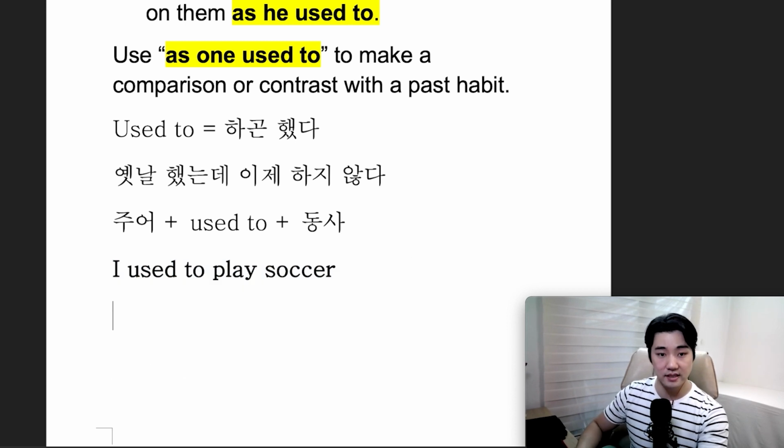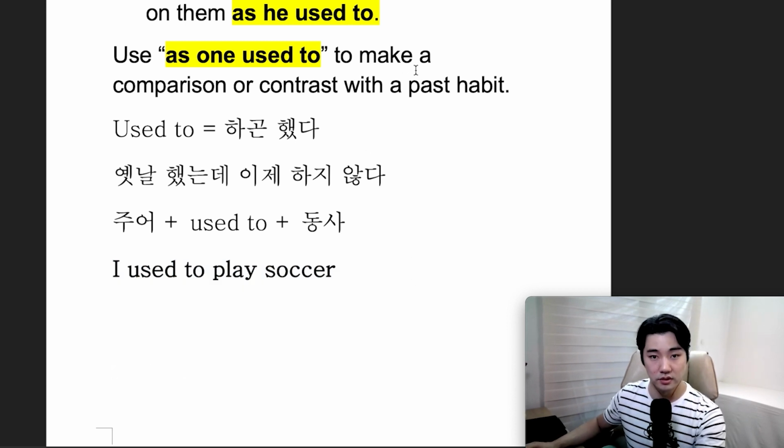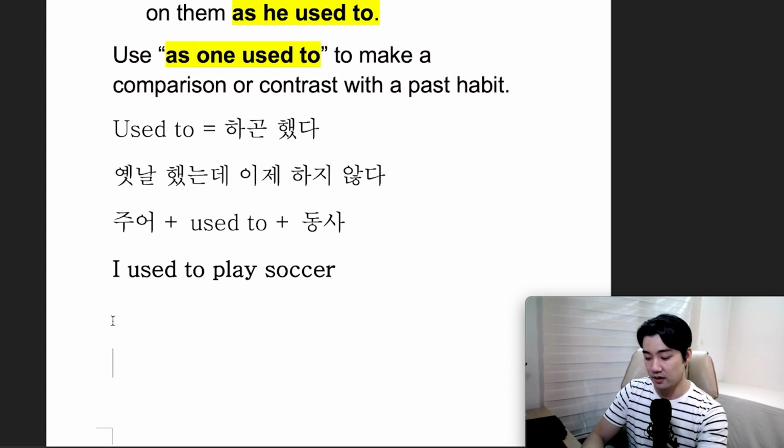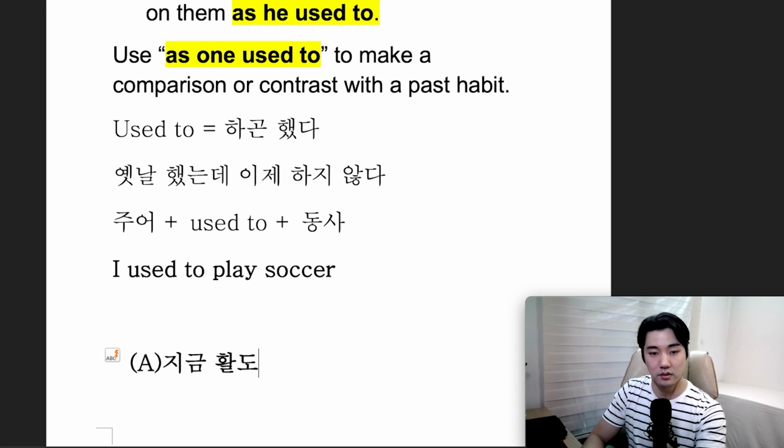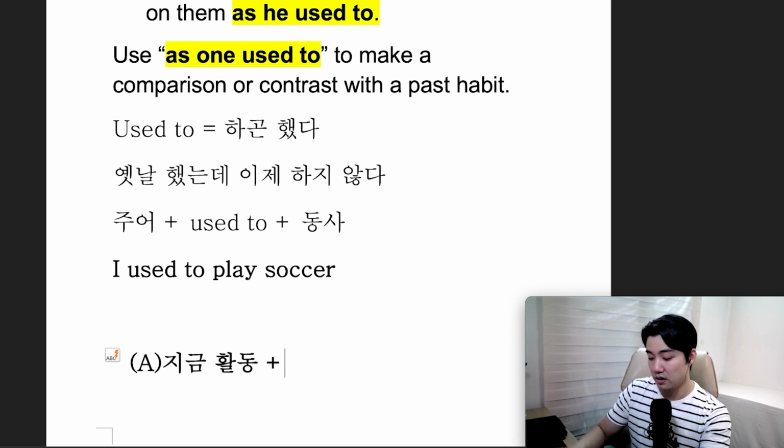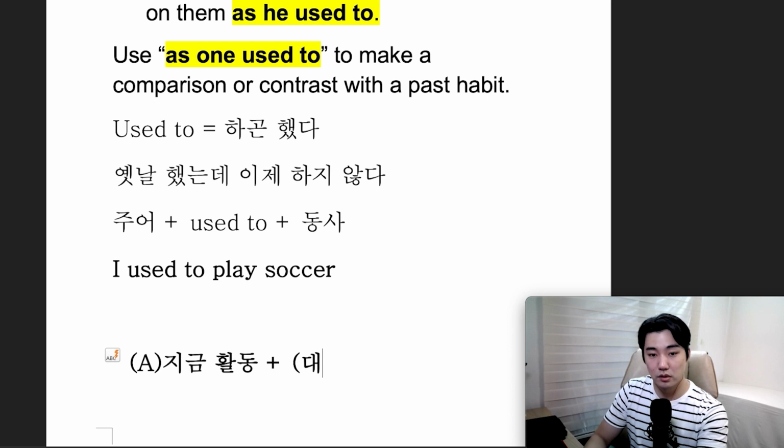But today's language focus, 오늘은 이거는 as one used to, it's like A is 지금 활동, things that we do now, and then 그거 대신에 옛날 거.